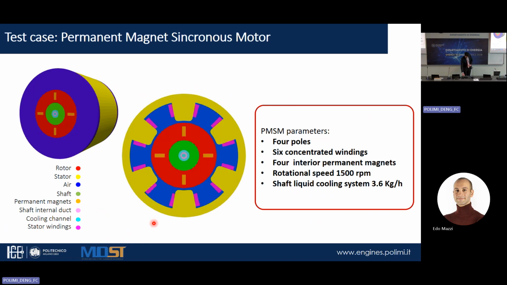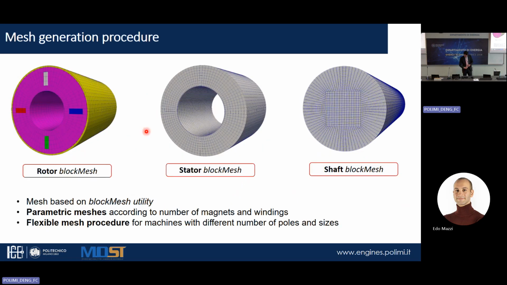So we came out with a permanent magnet synchronous motor, an example in which we have 6 windings for the stator, and then we have 4 permanent magnets here in the rotor. Then we have a shaft inside, and the shaft also has a U-shaped path for the cooling system. And then there is also an outside cooling system, which in this case has not been modeled.